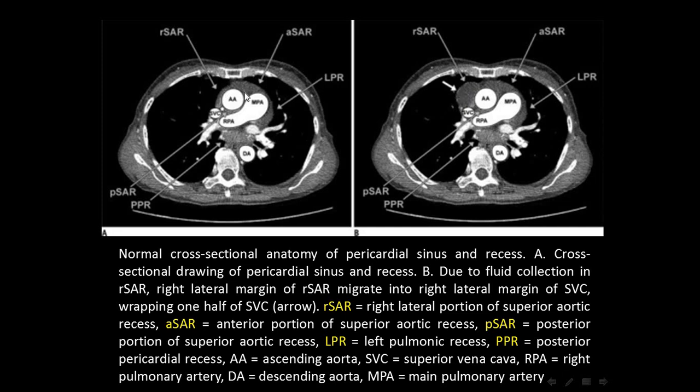It's larger than normal. So there is a pericardial effusion here. Then along the pulmonary trunk we have the pulmonic recess. So here we can see the left pulmonic recesses. Then we have the posterior pericardial recesses here, posteriorly.